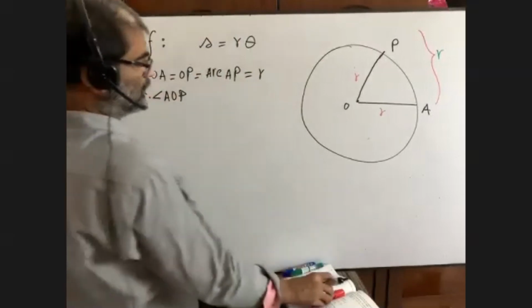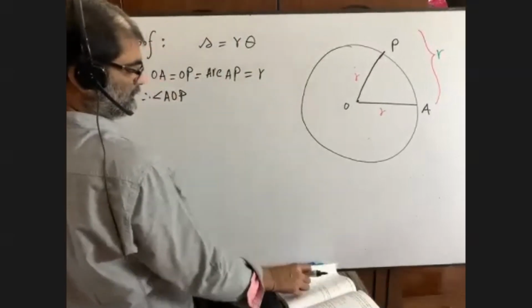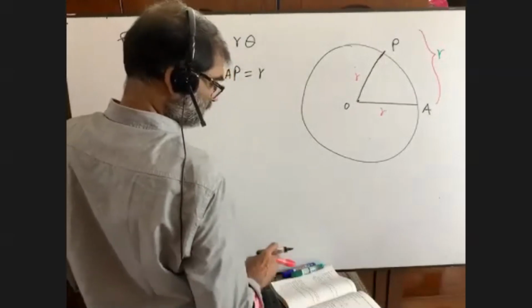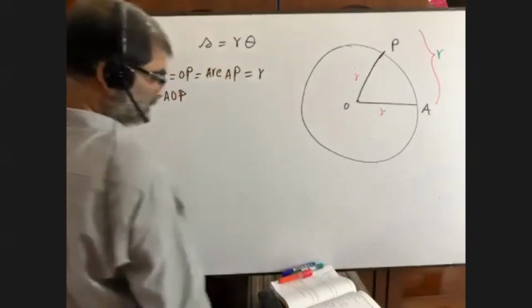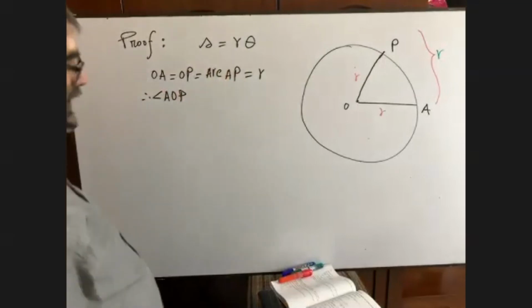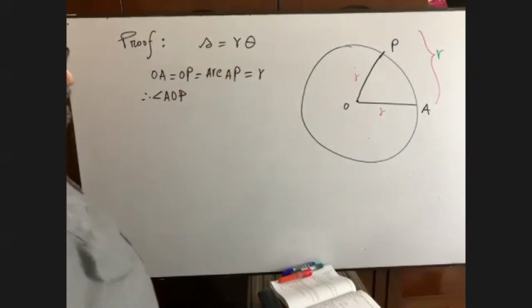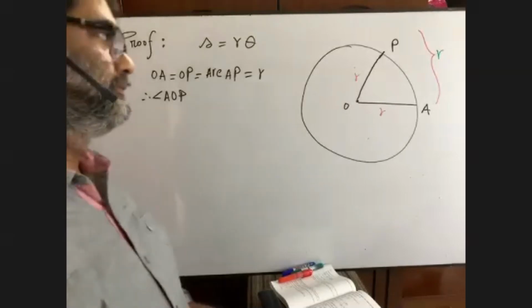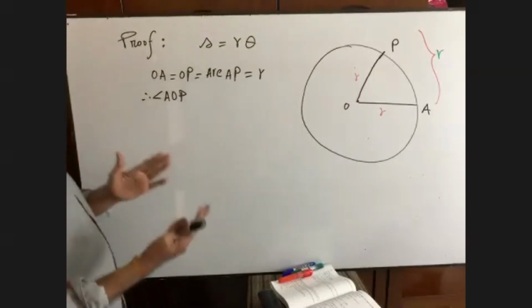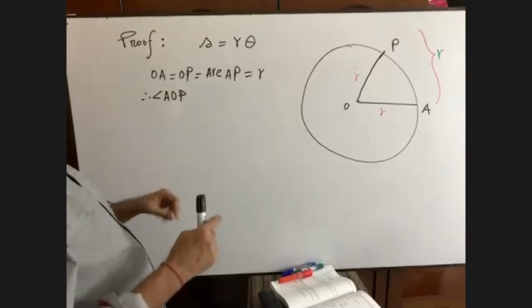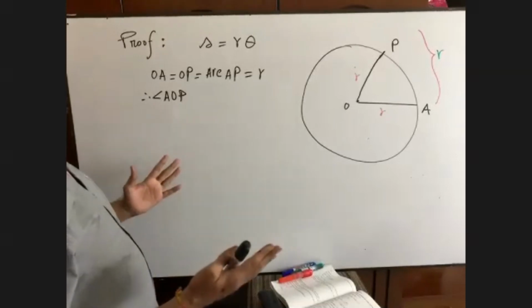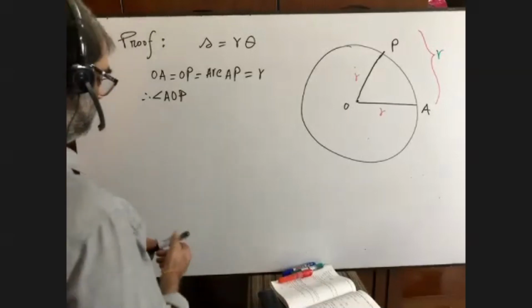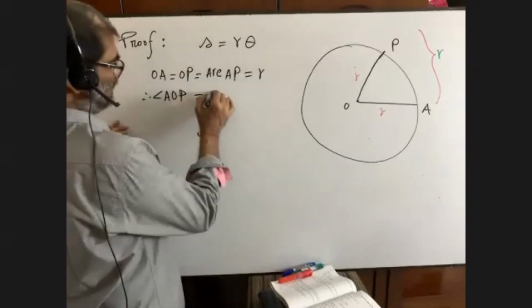Angle AOP equals what? Okay, can you tell or you cannot tell? Anyway, it is 1 radian.